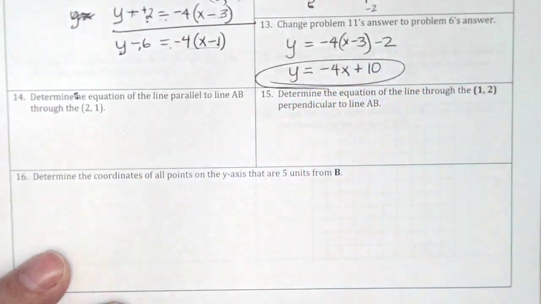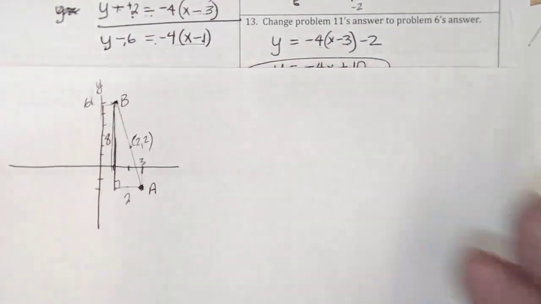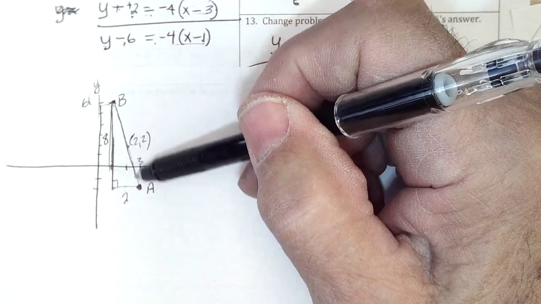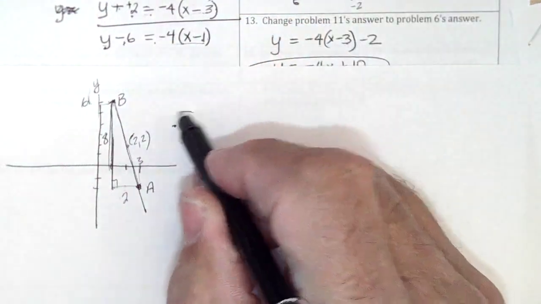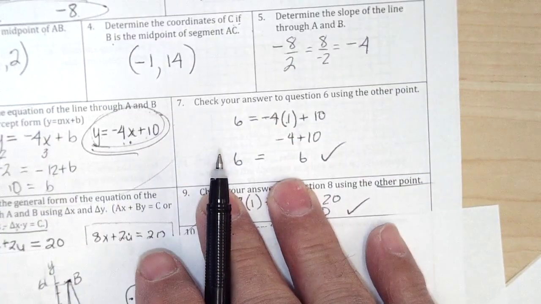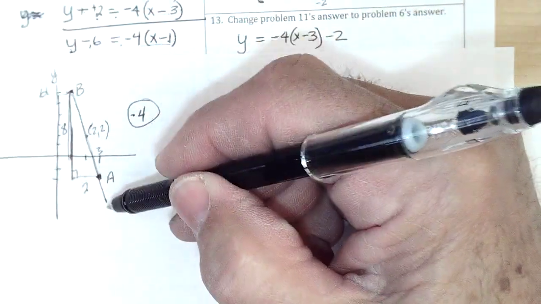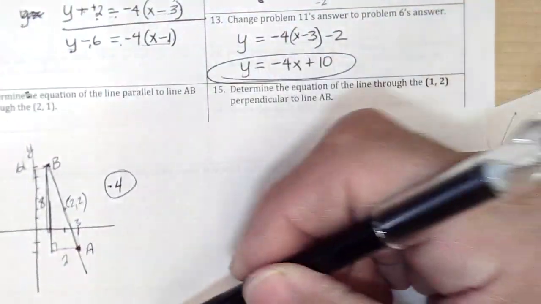Now, let's remind ourselves the line that went through AB had a slope of -4. We had figured that out earlier up here. If we're going to be parallel to this, the new line is going to have the same slope.